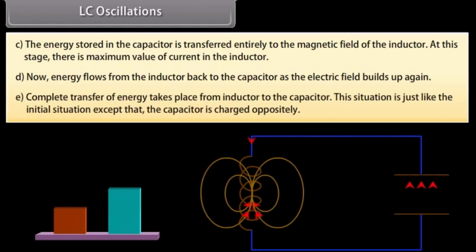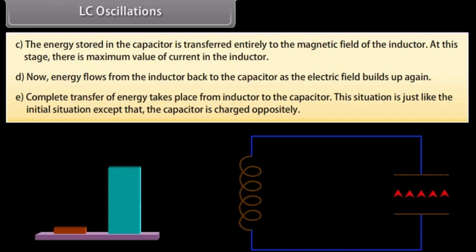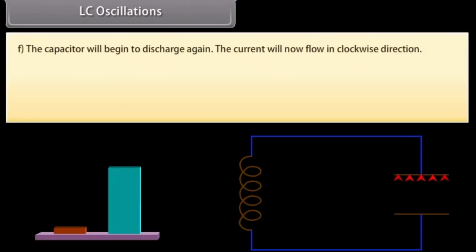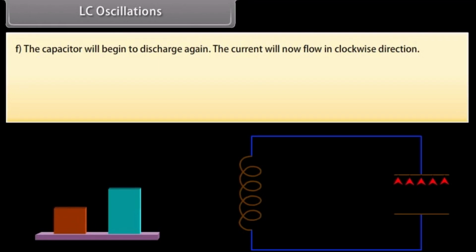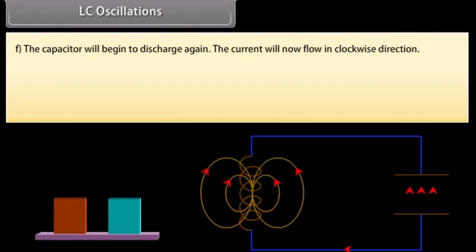Complete transfer of energy takes place from inductor to the capacitor. This situation is just like the initial situation except that the capacitor is charged oppositely. The capacitor will begin to discharge again. The current will now flow in the clockwise direction.